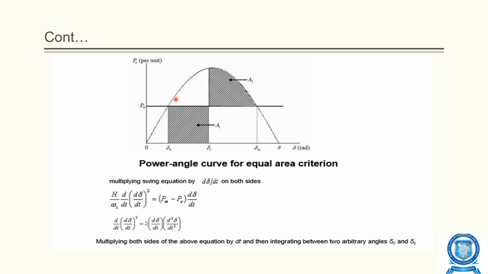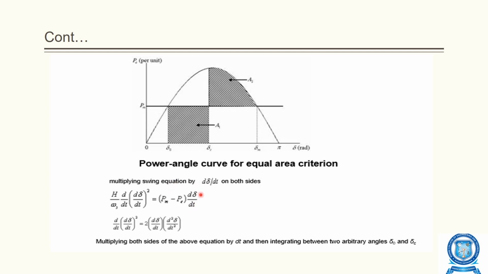Multiplying the swing equation by d delta by dt on both sides, here you can see what happens. H by omega s d by dt of (d delta by dt) the whole square is equal to (Pm minus Pe) into d delta by dt.